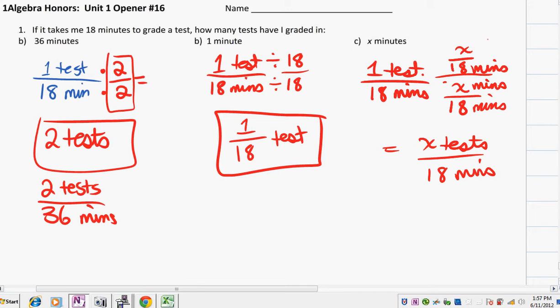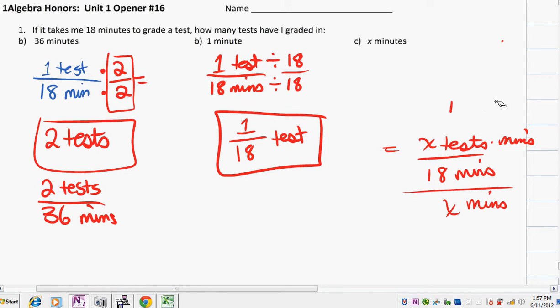But what if I wanted it to be, oh sorry, x per 18 minutes per x minutes, because that's on the bottom. And these are test minutes. So when I divide that, I still don't get anything good. So where should we go with this?